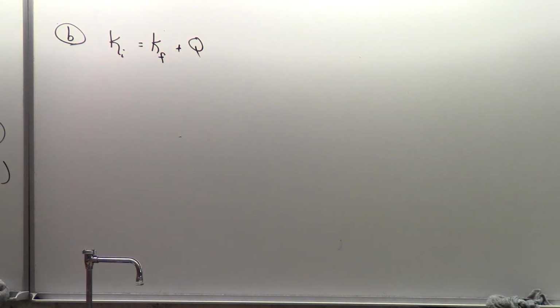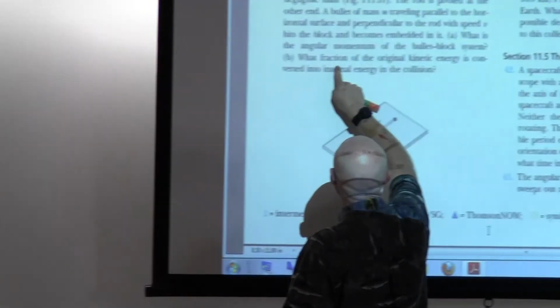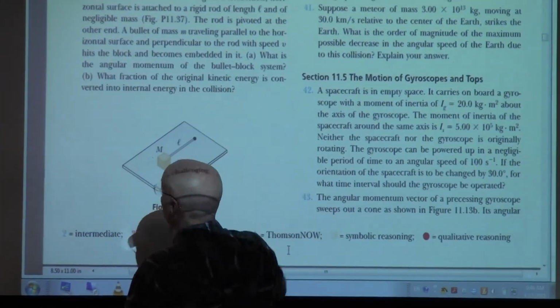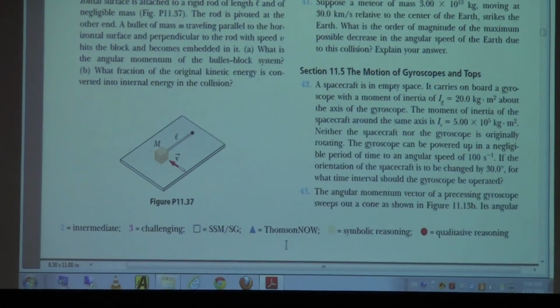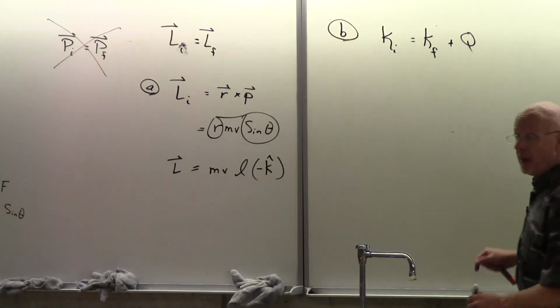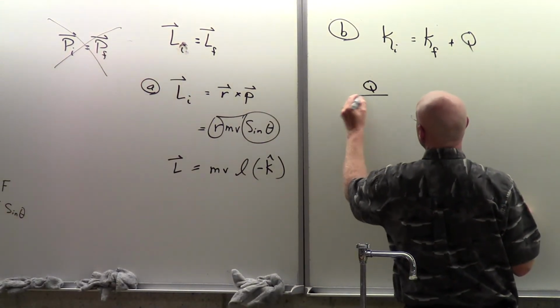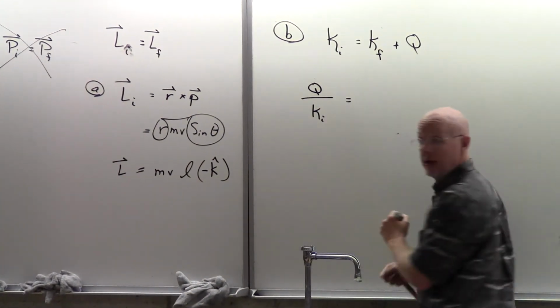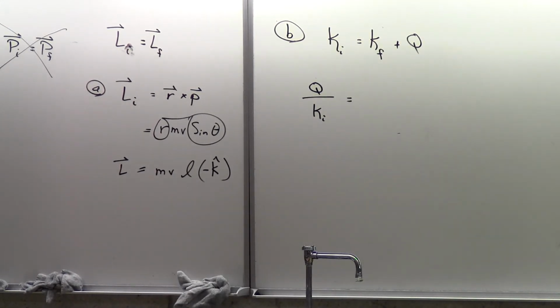Now, they don't exactly ask for the amount of heat. They say what fraction of the original. And that itself might be a good question. They're asking for Q over initial kinetic energy. That's what they're asking about.